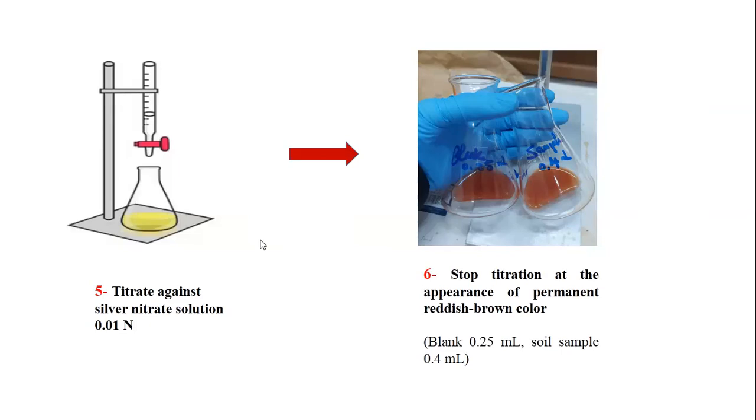From the beginning there will be development of the color, but you will stop the titration when the color is permanent, when all the solution is changed. Yeah, you are right, because directly after the first drops it became red. That's why I repeated it many times yesterday. I thought I had a problem.